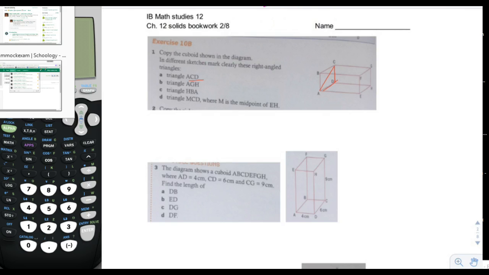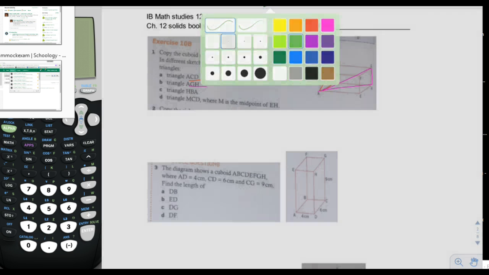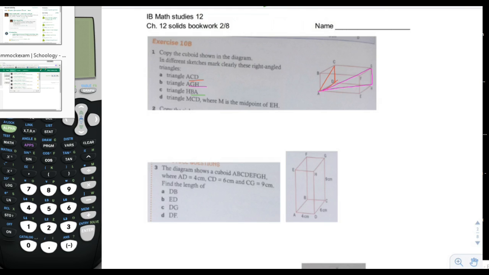Triangle AGH. AGH. That's the pink one. Triangle HBA. HBA. Kind of like the pink one, just the opposite.